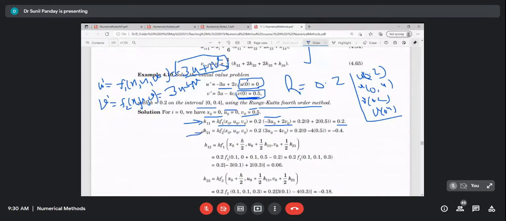Now it is k2, so the first index here is k2. As I have already told you, k2 corresponds to the variable v. So here we have another function which corresponds to v, that is f2.